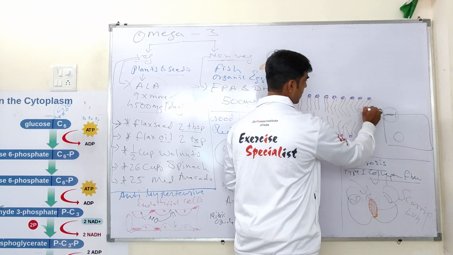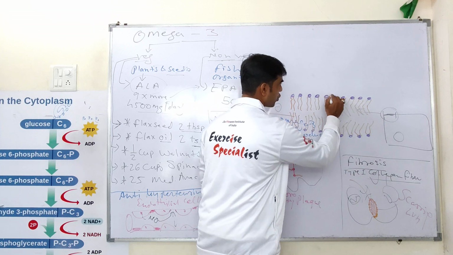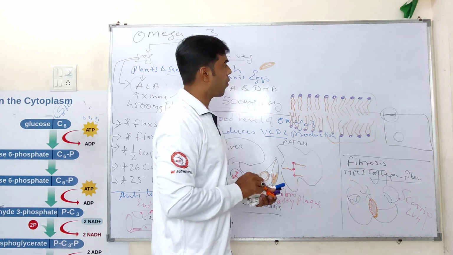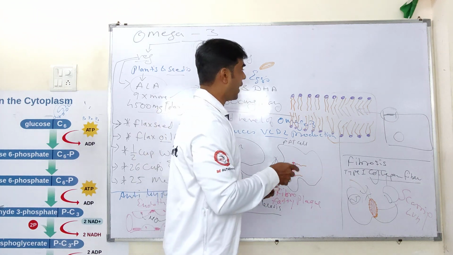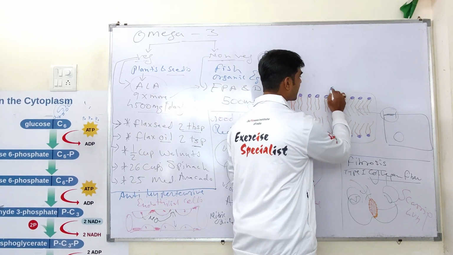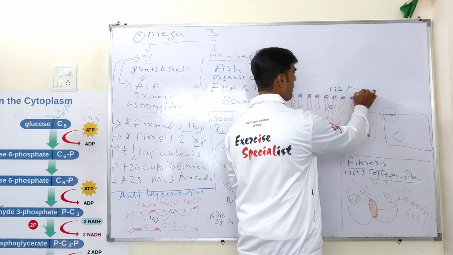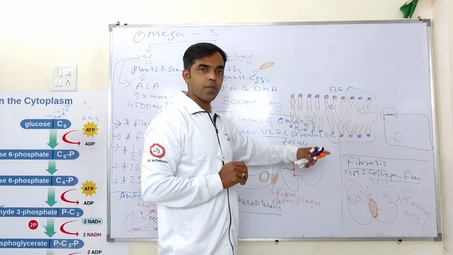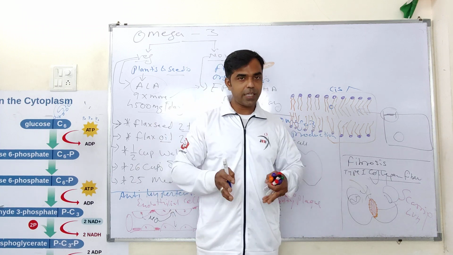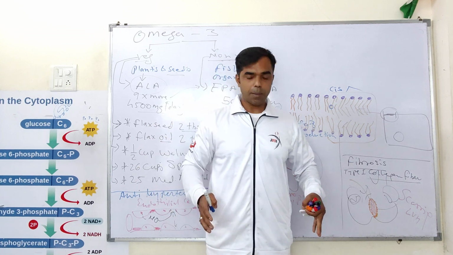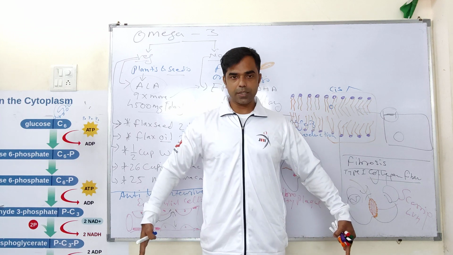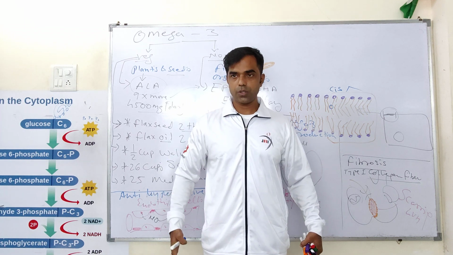So this section I am showing here is because of good levels of omega-3. You find a bend. This bend is called a cis bend, right? Due to this bend, there is a nice fluidity in the cell. If you stand straight near each other, there is no space, there is no chance of movement.